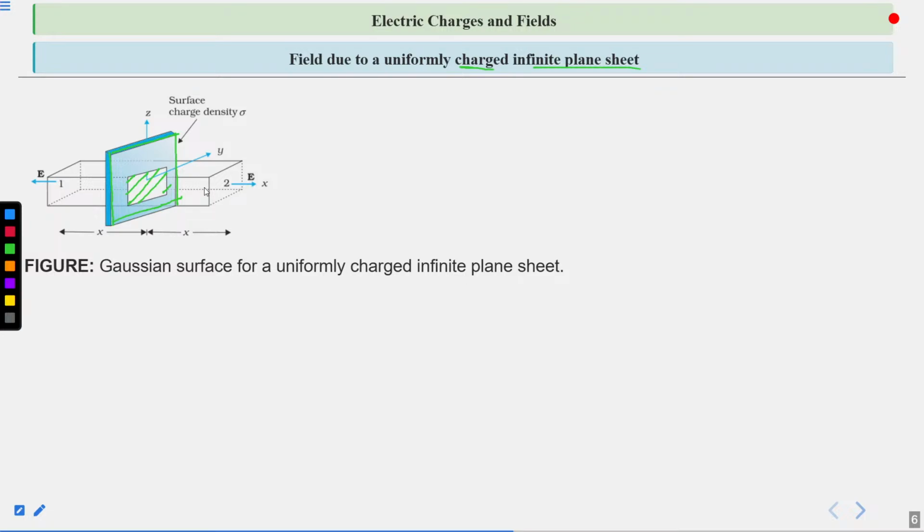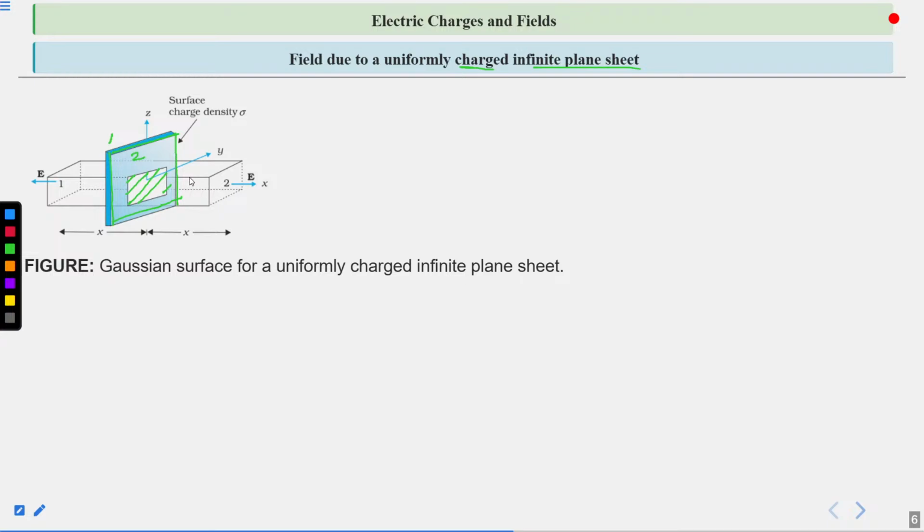Suppose we have a plane sheet like a paper, which has two phases. The first phase is on the LHS side, and the second phase is this one. So due to a uniformly charged infinite plane sheet, what will be the electric field at a given point?